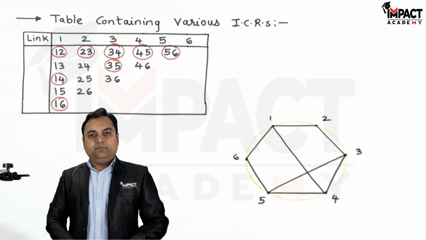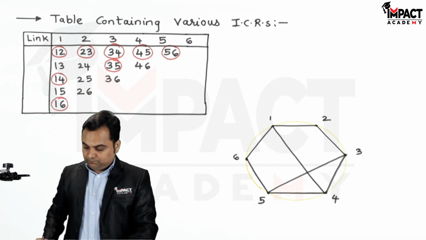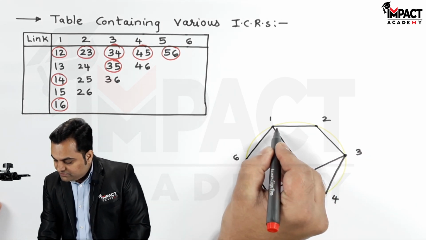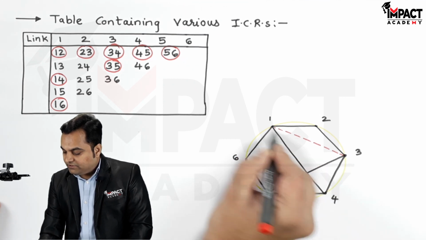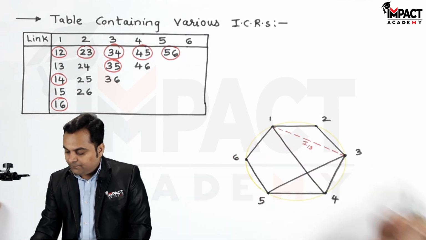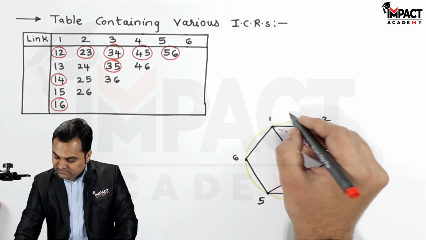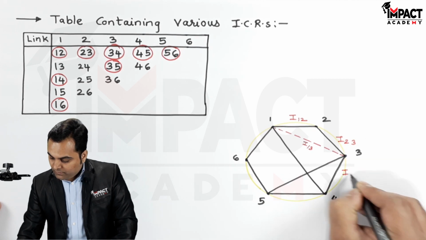Now in order to get the remaining ICRs, starting with I13, I would be joining these points, that is, the diagonal would represent I13, whereas all these ICRs I am just numbering 1 2 in order.